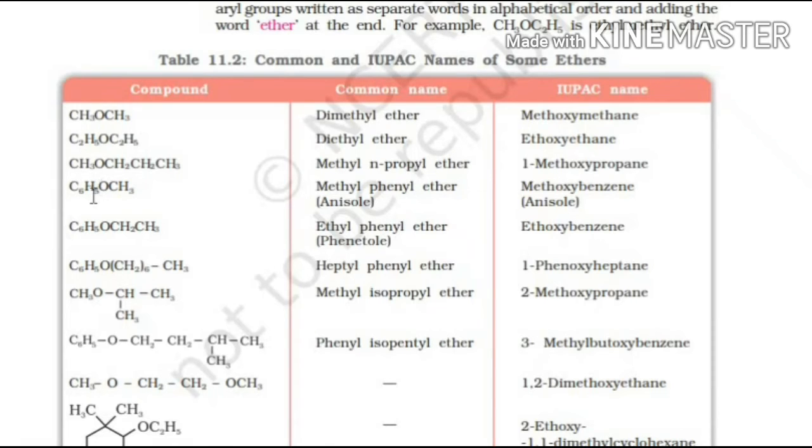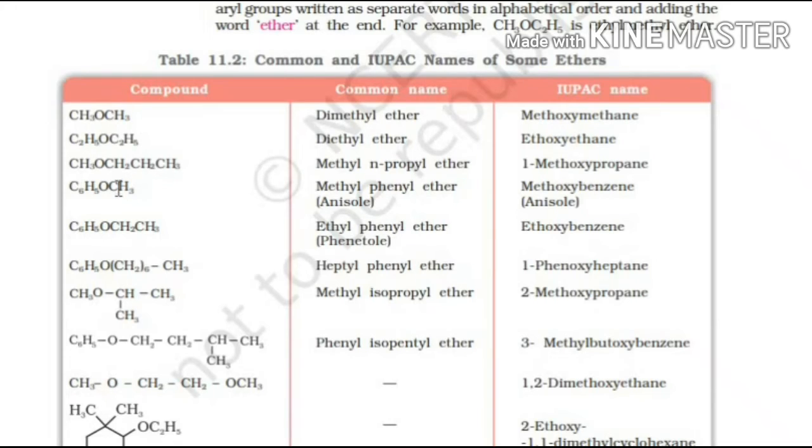If you remove H from the benzene ring, then this becomes phenyl. So phenyl is there and methyl is there, methyl comes first in alphabetical order, then phenyl, so we write methyl phenyl ether, and its other name is anisole.